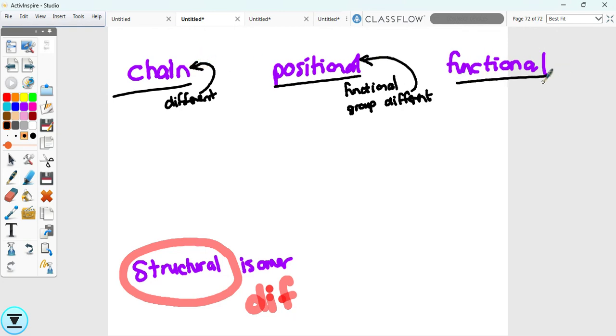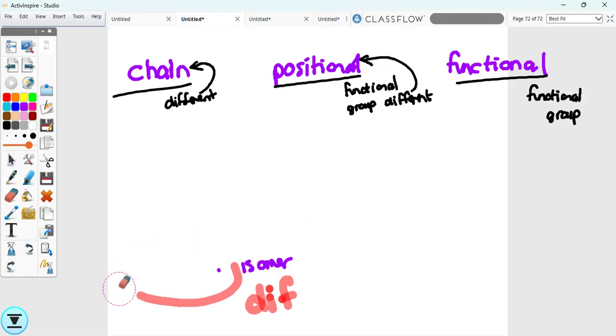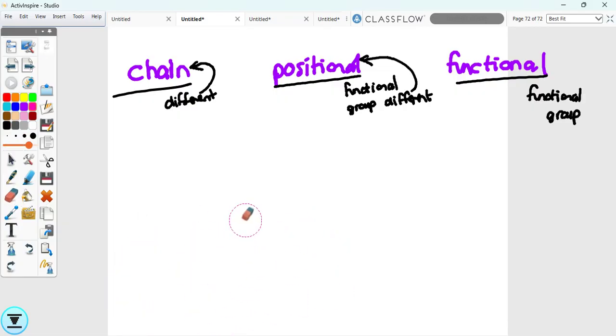And for the last one, it is actually the functional group that must be different. And because of what I've just said about the IEB making it a little bit easy for us, that functional group one is actually the easiest one because there's only one functional group isomer question that they can ask you.